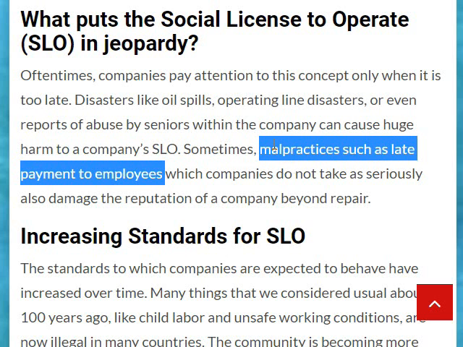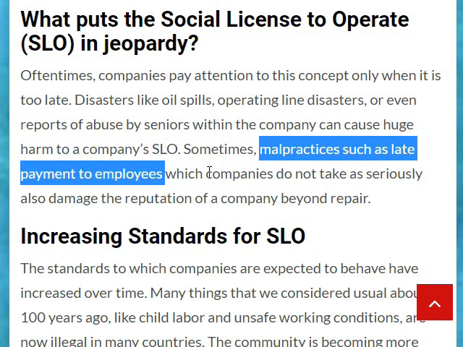Sometimes malpractices such as late payment to employees also affect a company's trust, and if they are not able to pay their employees on time, the employees might feel that the company is not sensitive towards its employees. They do not care about the employees.